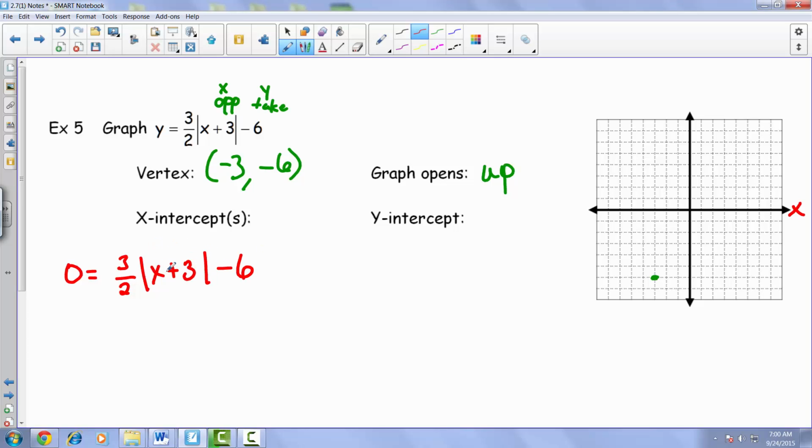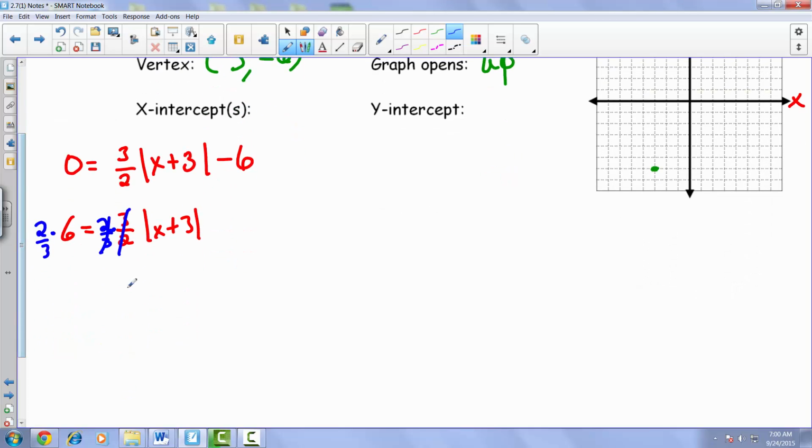And now we're just trying to solve for this x variable. So we're going to add 6 to both sides. End up with 6 is equal to 3 halves times the absolute value of x plus 3. Multiplying both sides by this reciprocal, 2/3 on both sides, because then these guys would end up canceling on the right side, leaving us our absolute value all by himself.